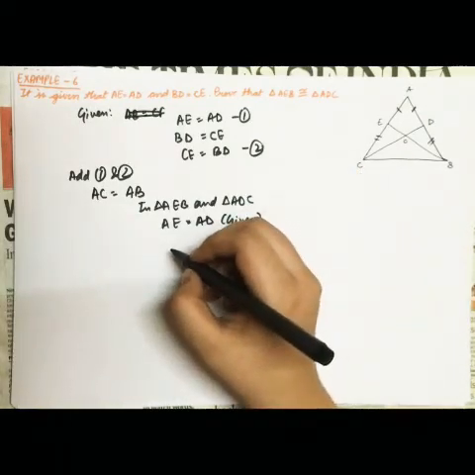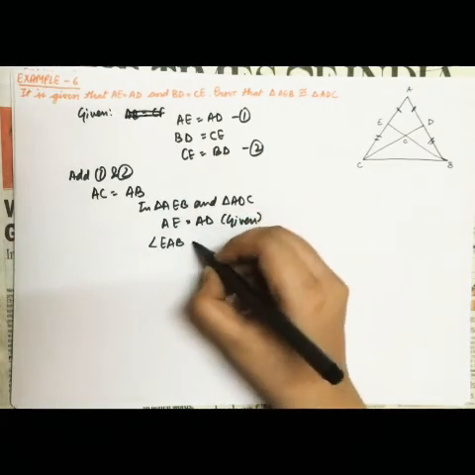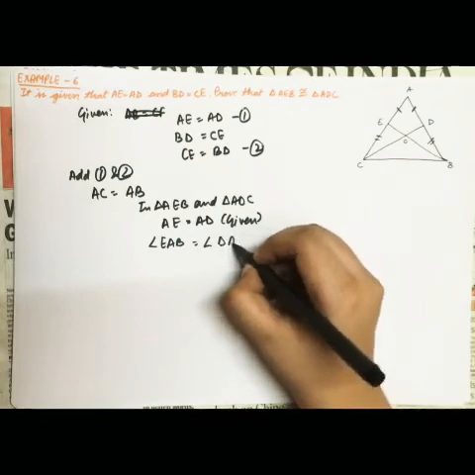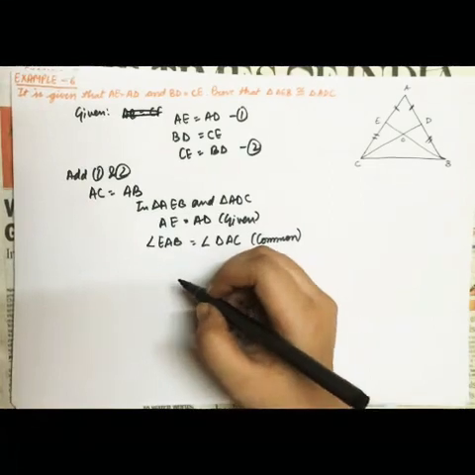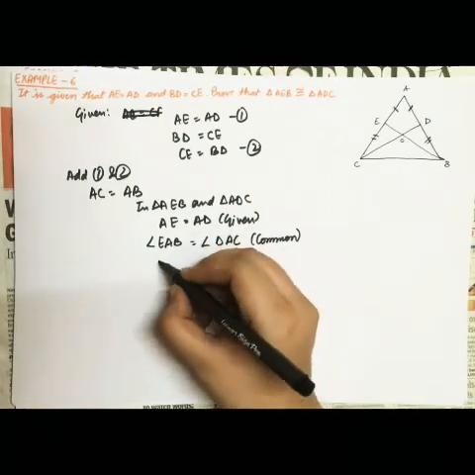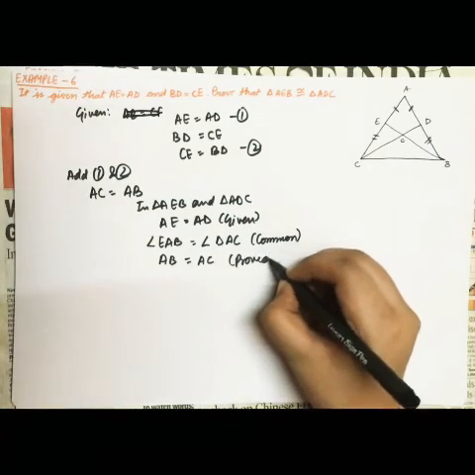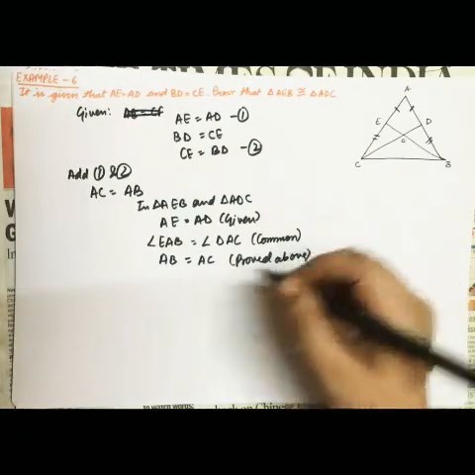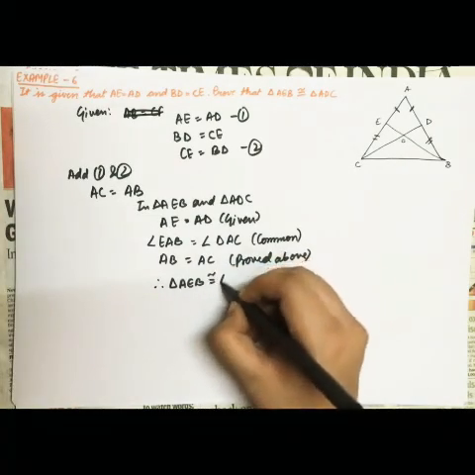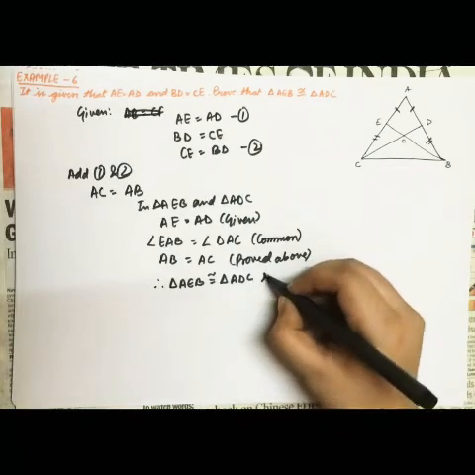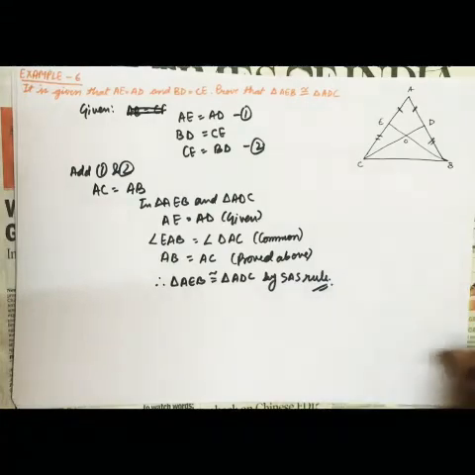Now angle EAB is equal to angle DAC as they are common. Now AB is equal to AC. We have proved this above. Therefore, triangle AEB is congruent to triangle ADC by SAS rule. Hence proved.